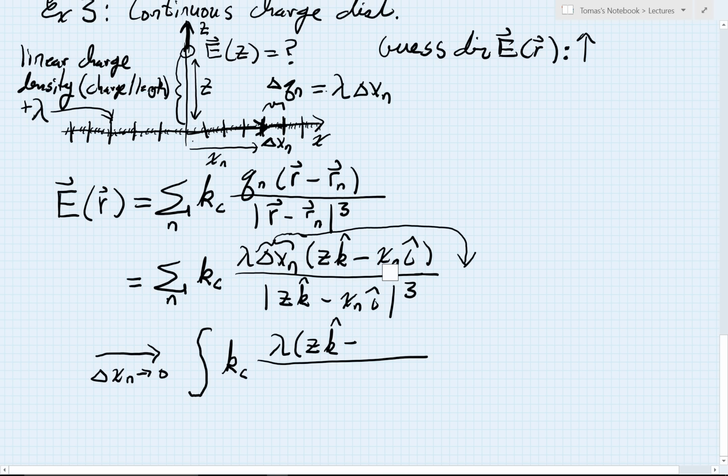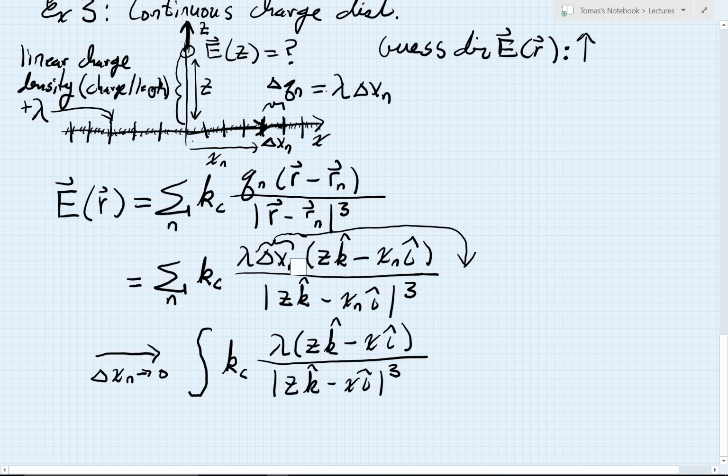So for x sub n, I'm supposed to just write x. So that's x times i hat. And then, of course, my denominator is just a copy of the same vector, z k hat minus x i hat, to the power cubed.